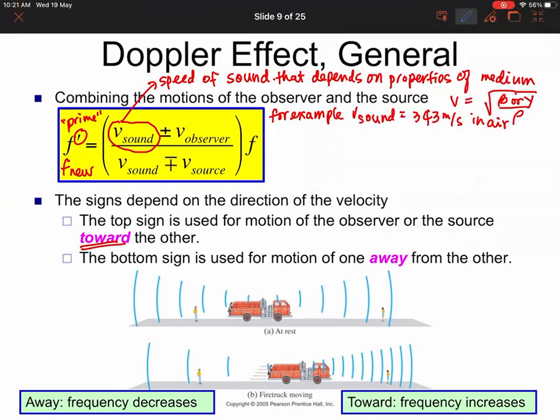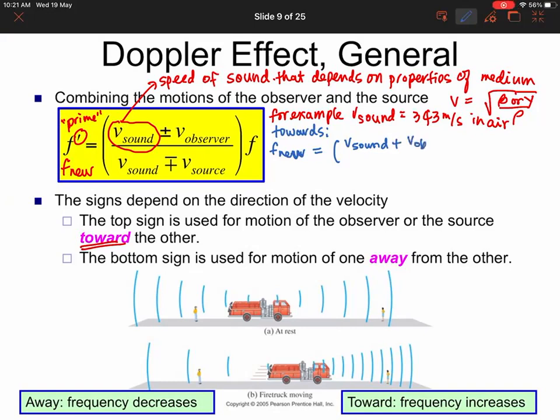So in short, if it's moving towards, the equation becomes new frequency is equal to V sound, the speed of sound. Again, that depends on the medium. And so if the sound is just moving in air, V sound will always be 343 meters per second at 20 degrees Celsius.